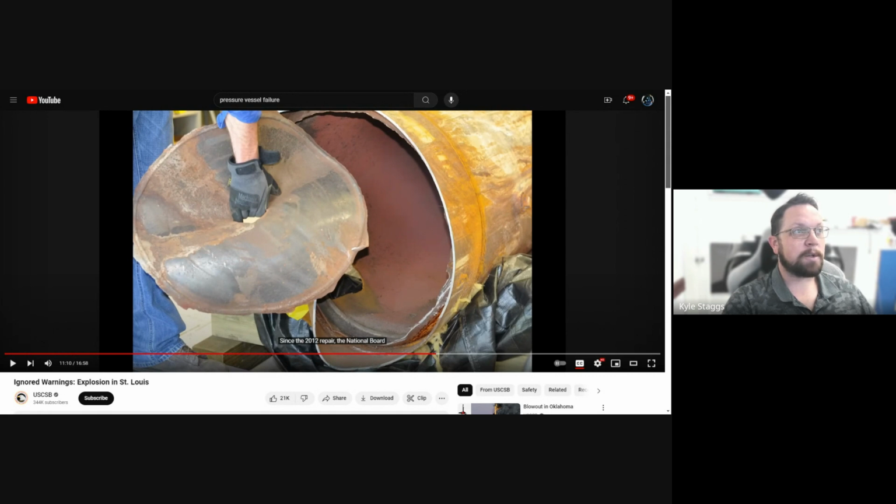So when the repair was done, they established the repair point as the point of failure, and no welding company that has any kind of integrity would weld good new steel to thinned corroded steel in a pressure vessel.